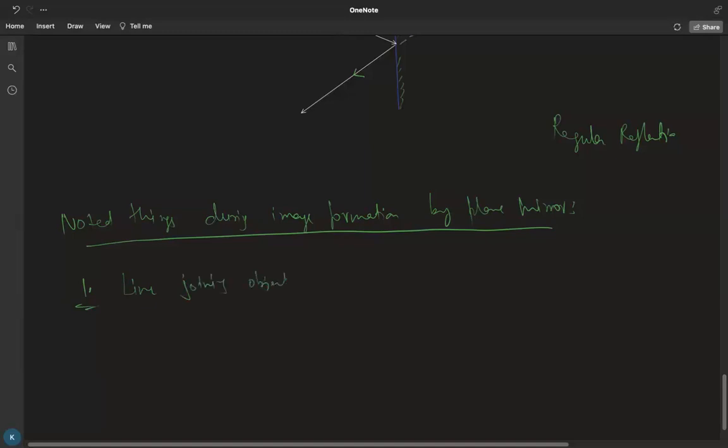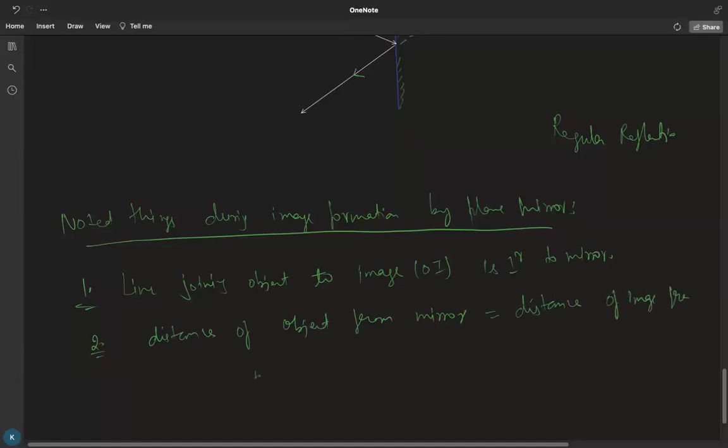Line joining object to image OI is perpendicular to mirror. The second thing that you have to note is the distance of object from mirror is equal to the distance of image from mirror.